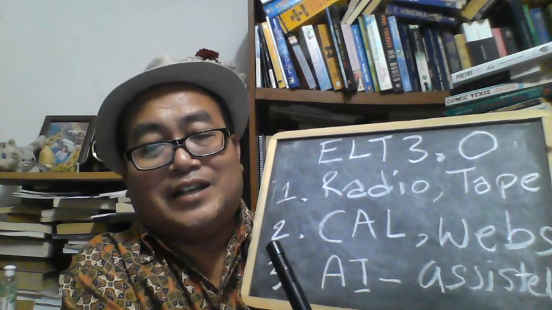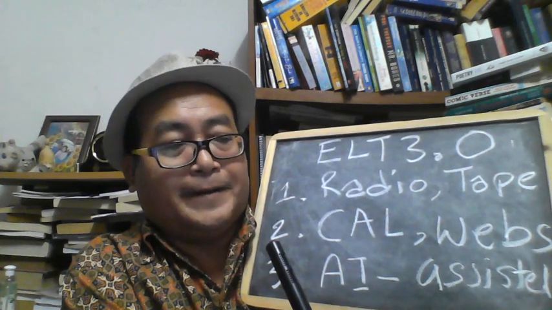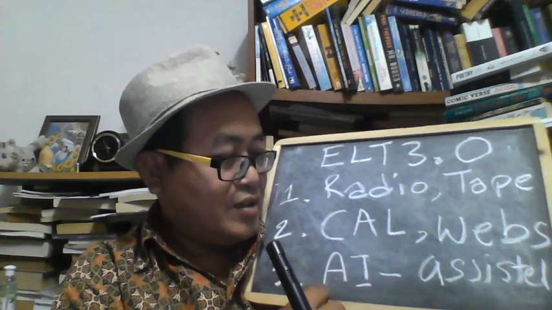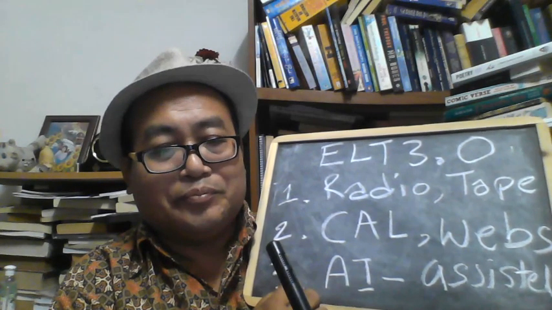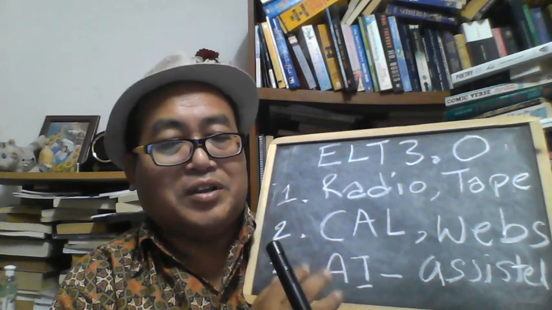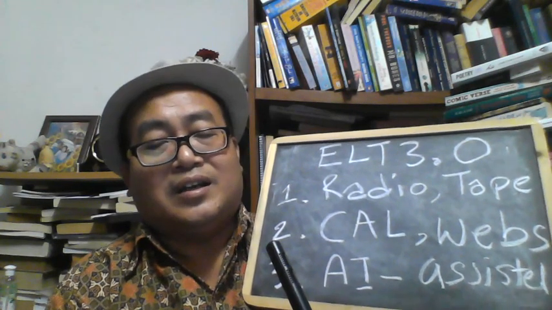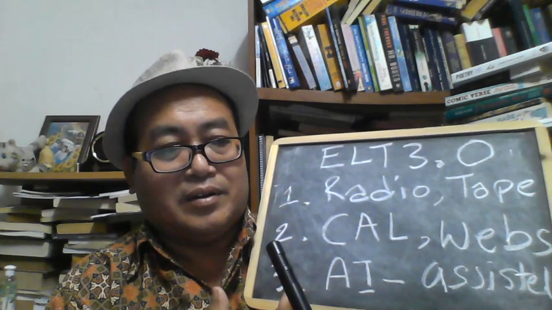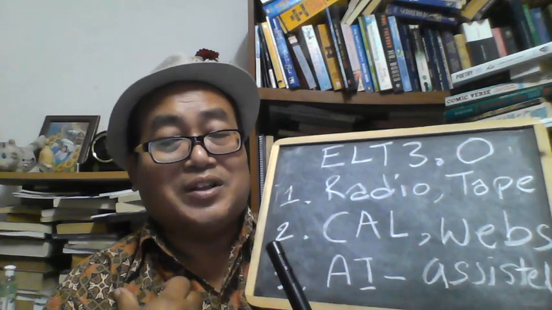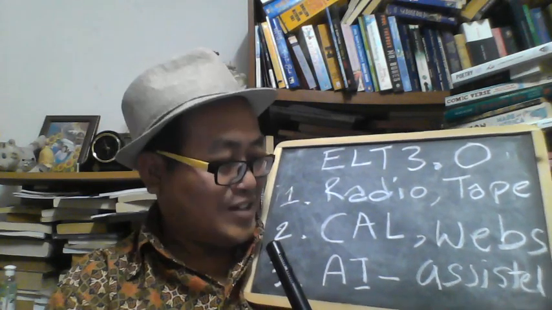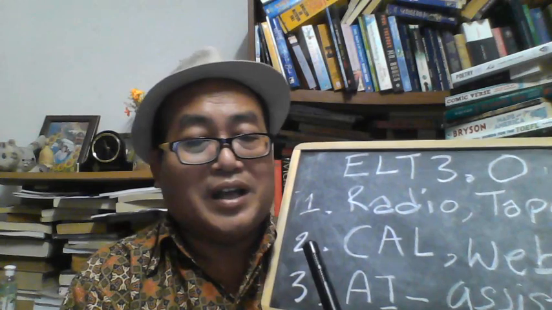And ELT 3.0 is what I am thinking about, and I can notice that it is getting more common. When I say ELT 3.0, I'm talking about the social media age, the use of smartphones, where you have the machine, your smartphone, within you 24 hours a day, and you use it at least 5 hours per day.